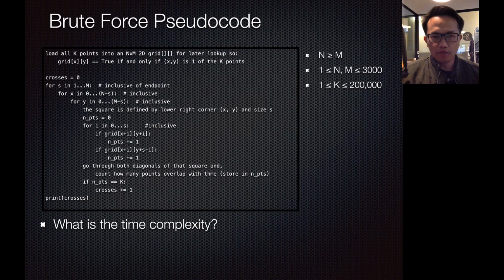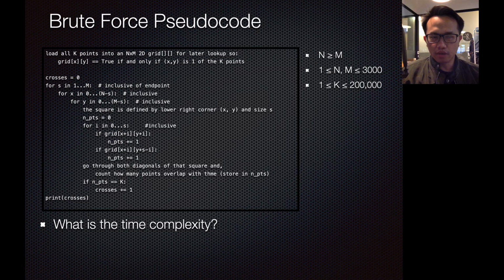So about the first problem, it turns out the best way is to store the k points in a map, a two-dimensional n by m grid. You initialize the whole grid to false, and then you go through all k points in the input and mark those points on the grid true.